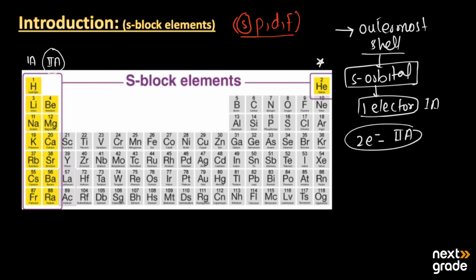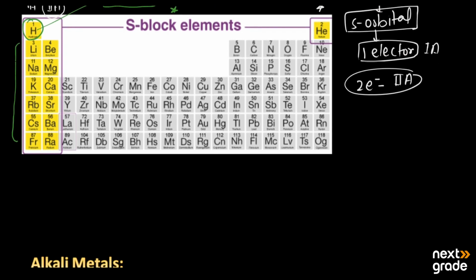All these are alkali and alkaline earth metals except hydrogen, because hydrogen is a non-metal, but it is known as an s block element because of its valence or outermost shell.